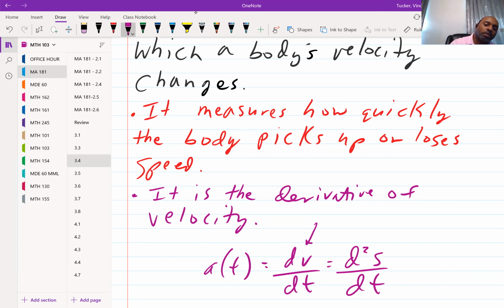So it's either the derivative of velocity or the second derivative of your position. Same thing.